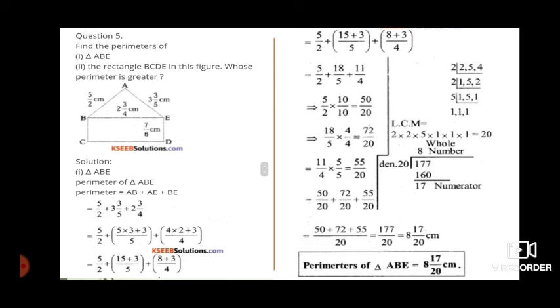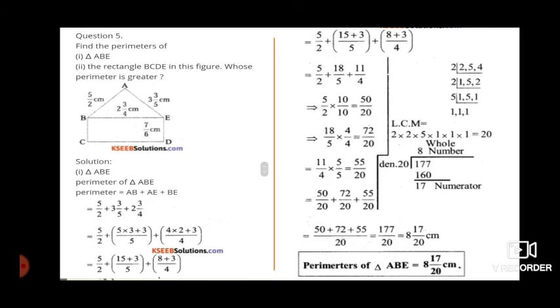Now our new fractions are 50 by 20 plus 72 by 20 plus 55 by 20. Now all the denominators are the same, so add the numerators. 50 plus 72 plus 55 by 20 is 177 by 20. 177 by 20 is an improper fraction. We cannot leave it like that.